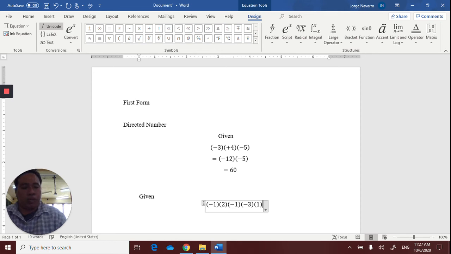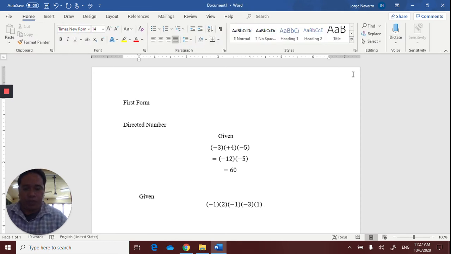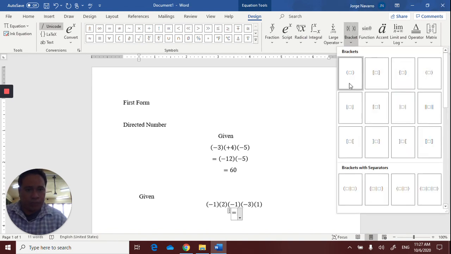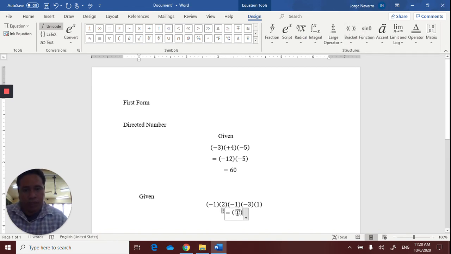So let's look at the first pair. Equals, a negative times a positive is obviously a negative. So we're going to have -1 times a positive 2, which will give me a negative 2.